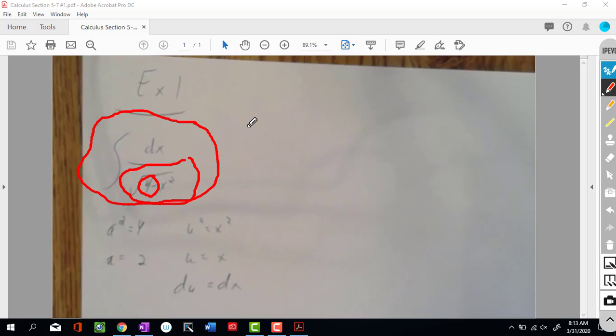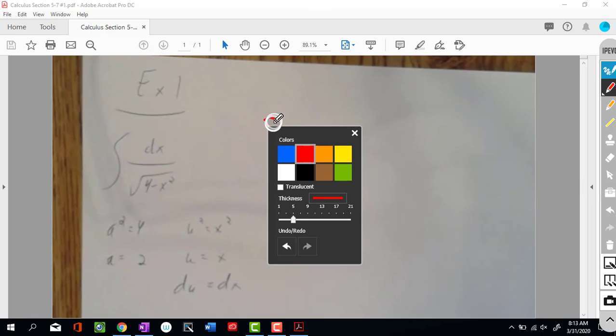Whenever I see that, I think of my arc sine. I'm trying to use this little annotator here. It doesn't look like it's working too well, but I'll erase this real fast and see if I can write on this screen. It's going to take some practice.